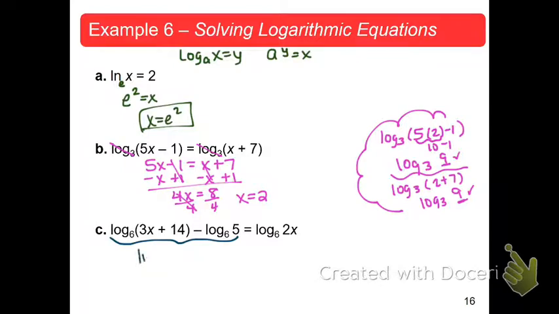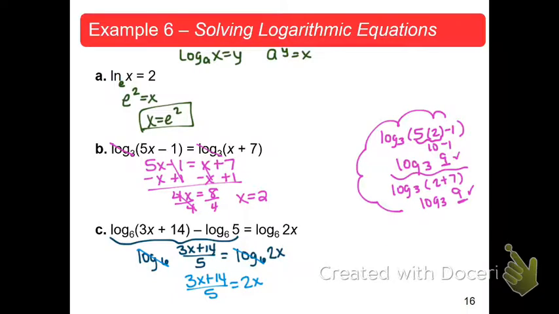You can combine them by dividing. So you get log base 6 of the first over the second. And we're going to set that equal to that log base 6 of 2x. Well, now I do have a log base 6 equals a log base 6. So now I can cancel those logs, and we get (3x plus 14) over 5 equals 2x.